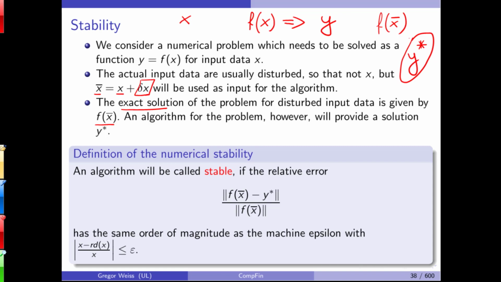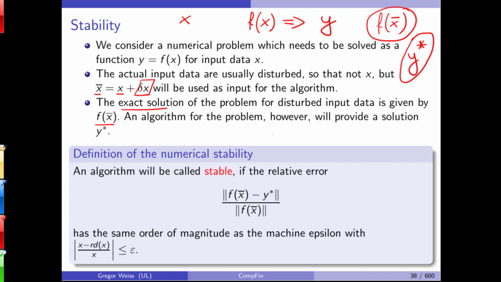Is that clear? That you will get 2 sources of errors in these calculations. Ideally, you will have disturbed, erroneous input data, and if the algorithm is fine, you will get a false result. You will not get Y, you will get f of X bar. But this is what would come out if the algorithm works fine on data that already includes an error.